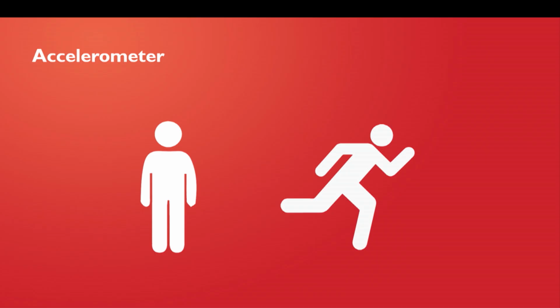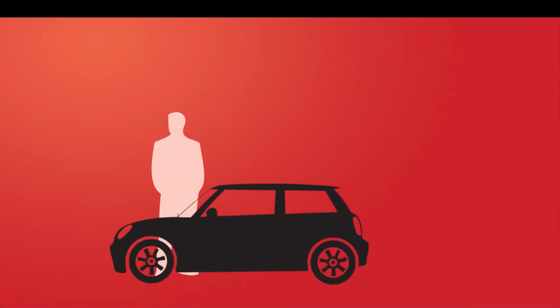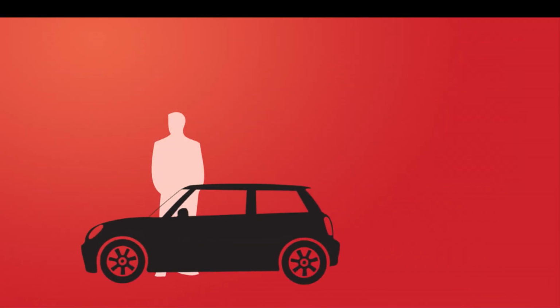It could be anything, any technological device. Here's a list of sensors I found on Wikipedia. There are lots of sensors here, and some of them are not relevant to us, but if we use them, you can probably tell if a person is walking or if a person is in transport, if he's on a bus or on a train or driving. If he's driving, where is he coming from? Where is he going? When is he going to get there?